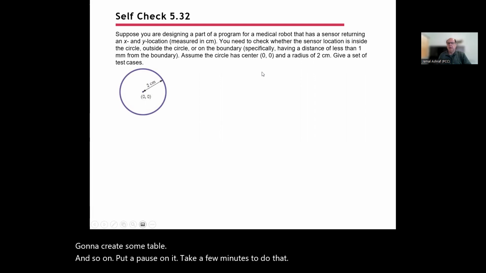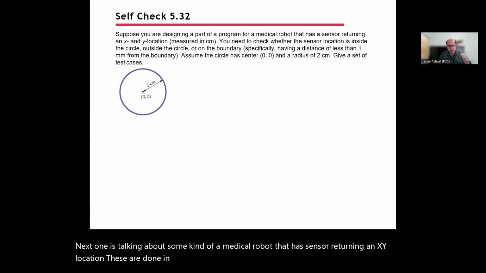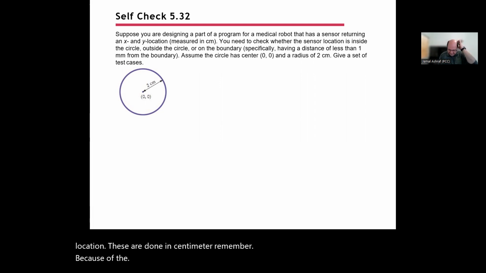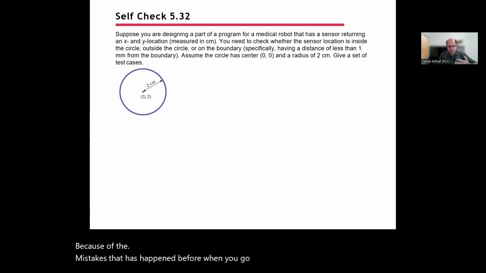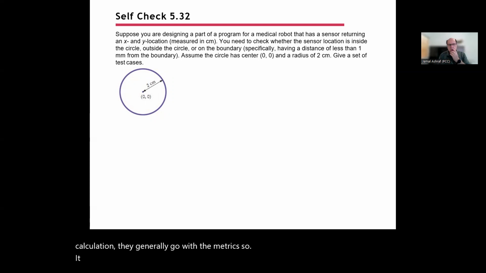Next one is talking about some kind of medical robot that has a sensor returning an X and Y location. These are done in centimeters. Remember, because of the mistakes that have happened before, when you go to scientific calculation or medical calculation, they generally go with the metric system, so there wouldn't be any mistakes.